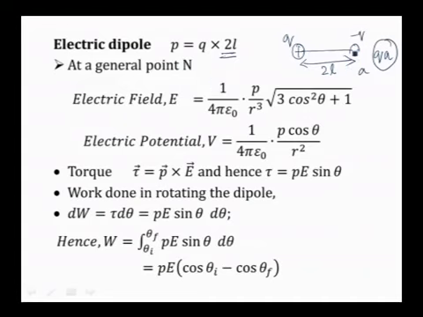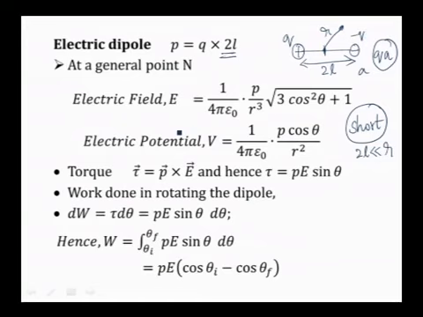And we measure the other distances from the midpoint. If you go somewhere here, if you say r, then it is the distance measured from the midpoint of the two charges. And many a times we consider a short dipole. When you say a short dipole, it means this distance between the charges, 2L, is very small compared to the distance of the point where we are considering the field or potential.